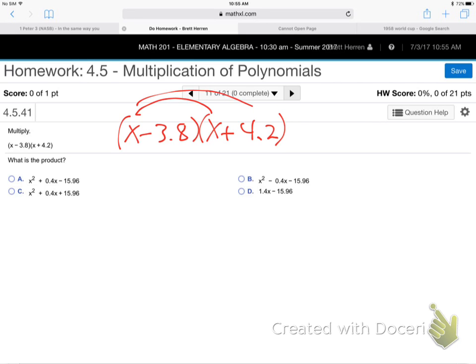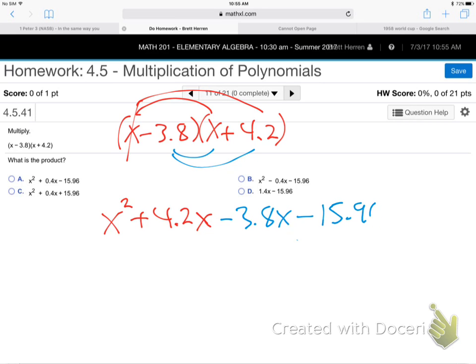So this x will go to both. Get x squared plus 4.2x. He's done. And then the minus 3.8 will go to both. And then, somebody have a, what is 3.8 times 4.2? Like 15 or 15.96? Thank you.